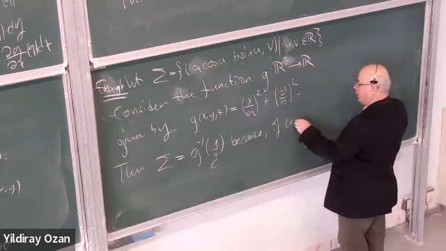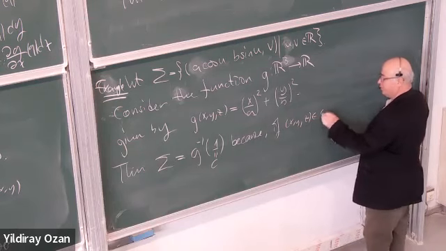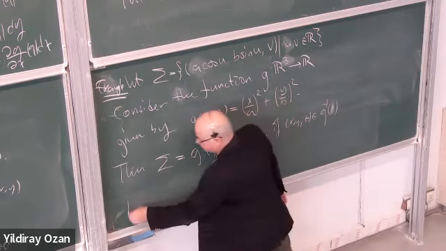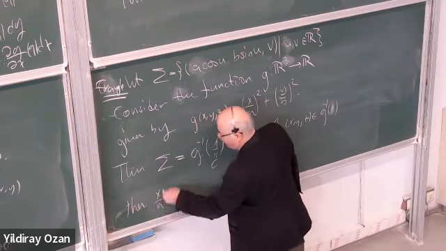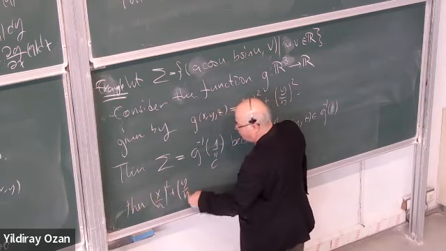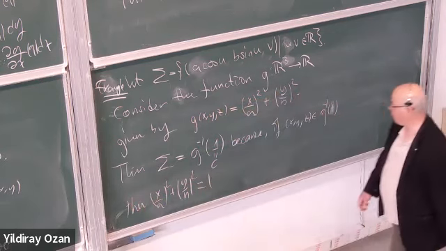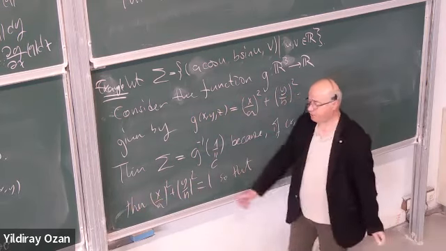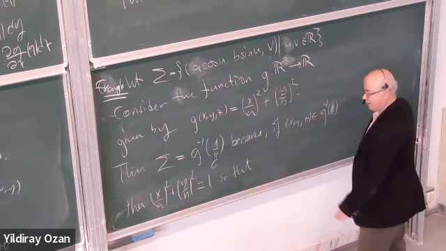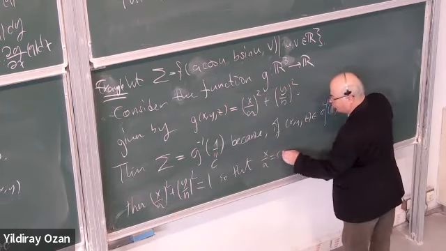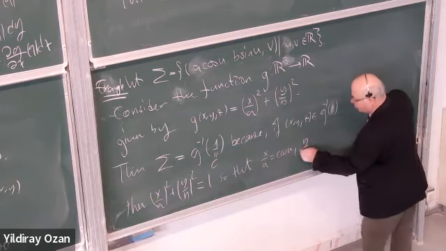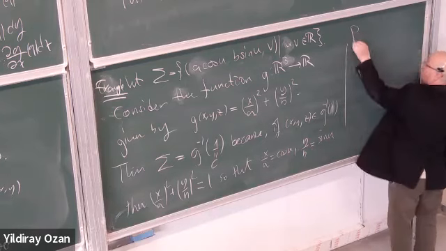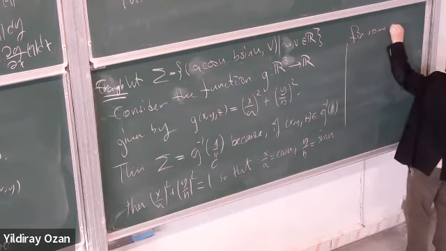If (x, y, z) is in g inverse of 1, then (x over a) squared plus (y over b) squared is equal to 1. How can you parameterize something like this? It means x over a is cosine u, y over b is sine u, for some u in R.